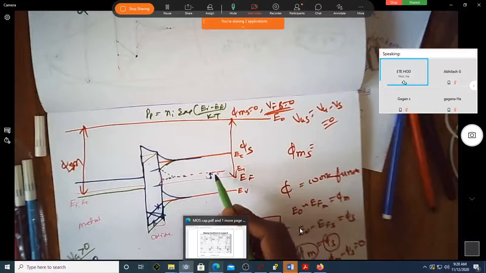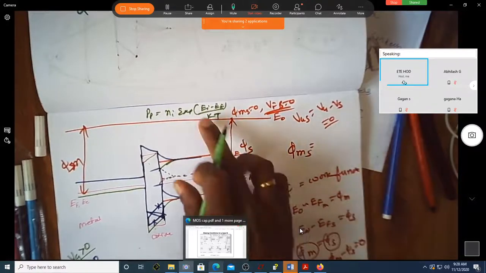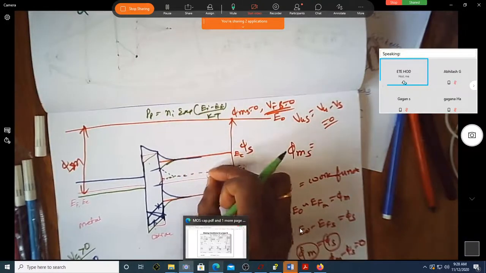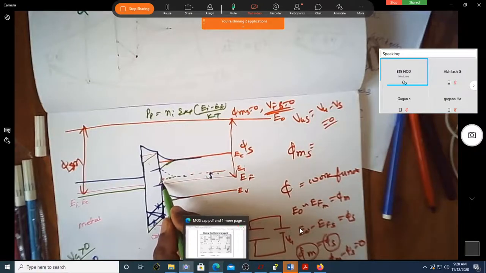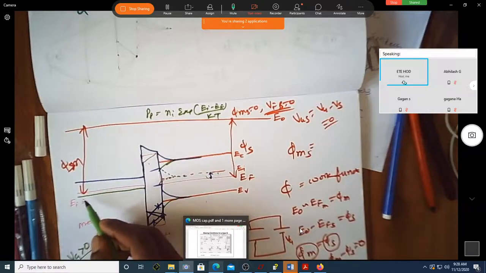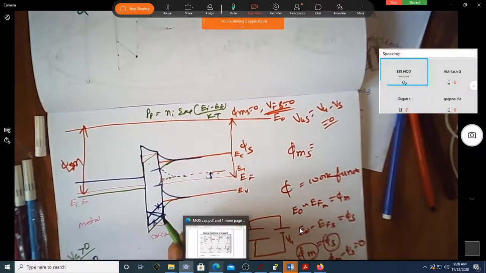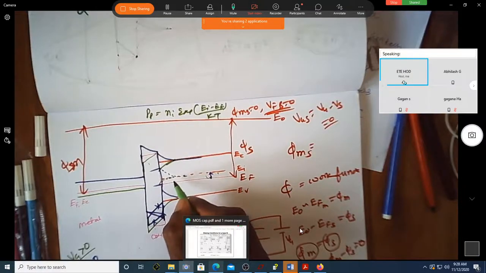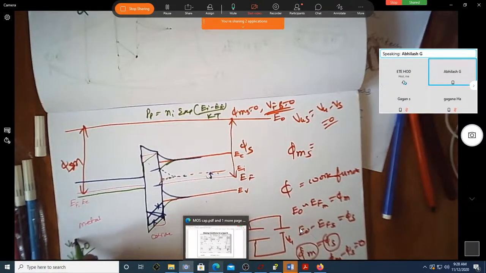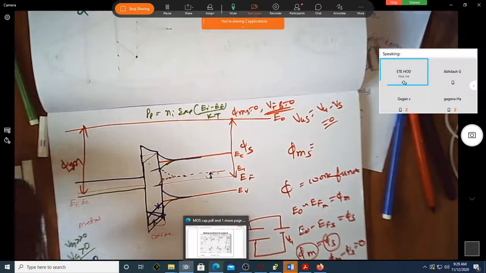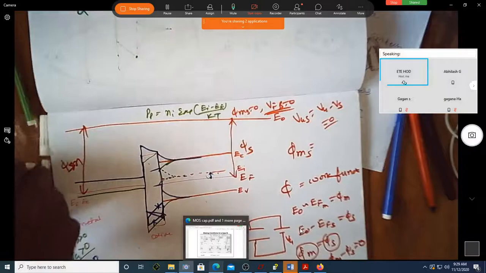So at this point I have EI minus EF almost constant throughout the bulk, but when you are coming over here, does the number of holes keep on reducing as you apply more and more voltage? Yes, sir. So a point may come, suppose you make VG far greater than 0. What will happen? Let me write it using another color.